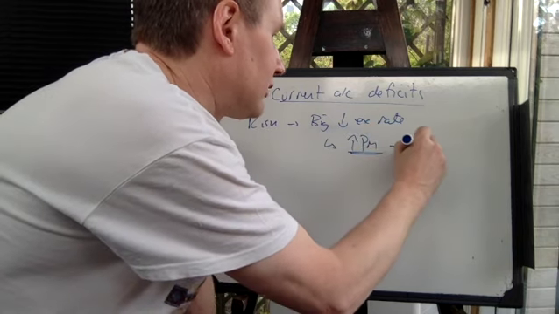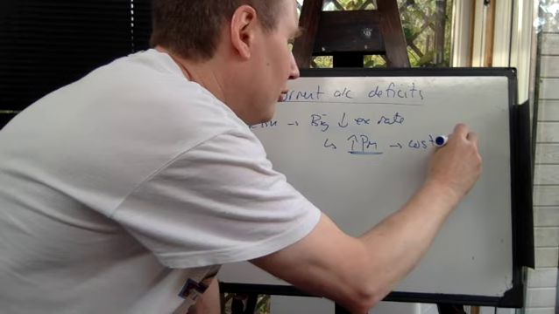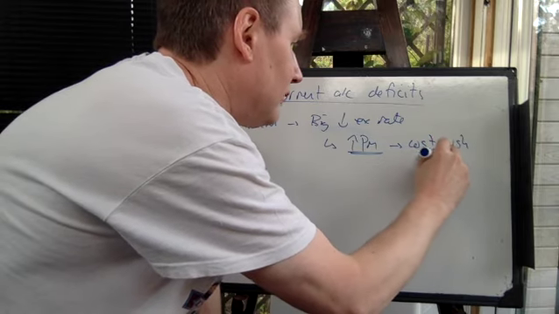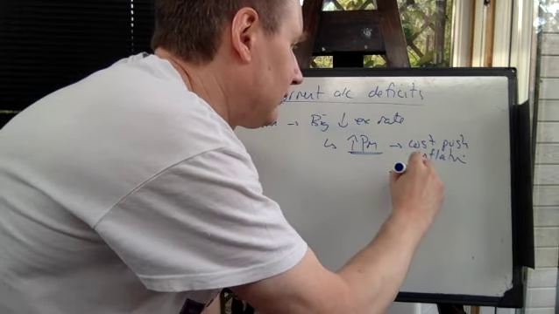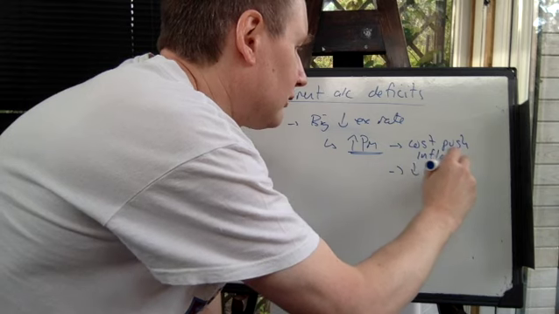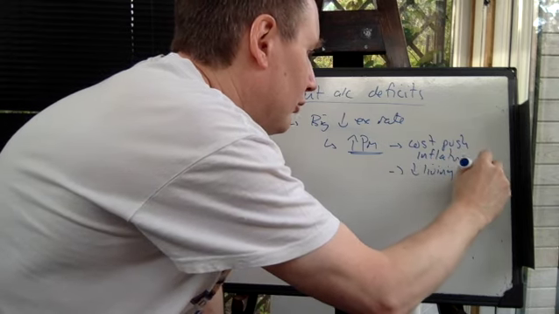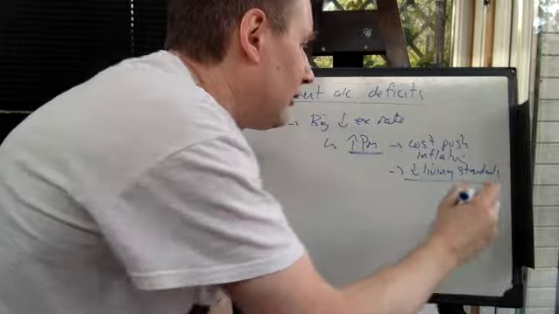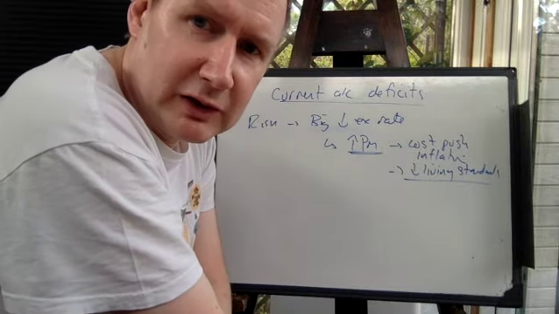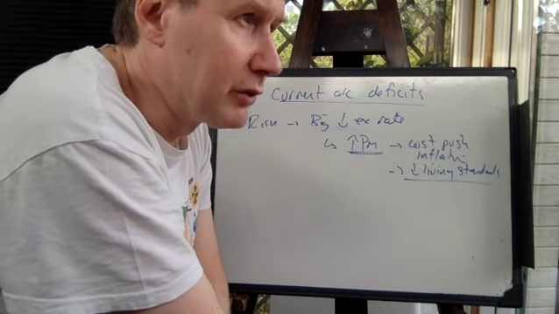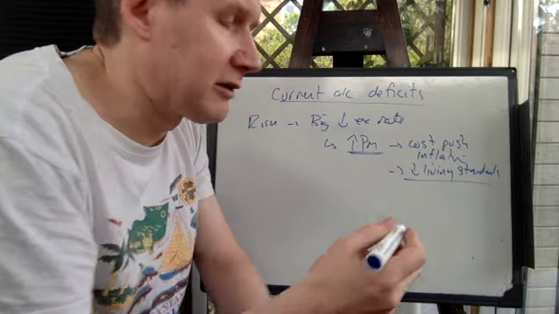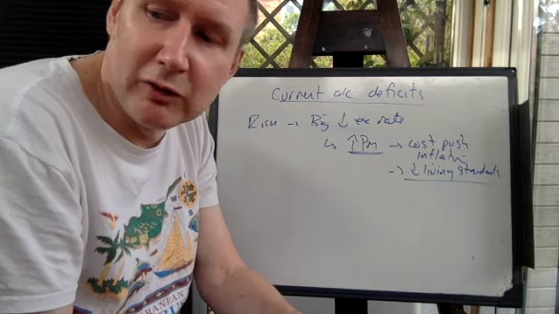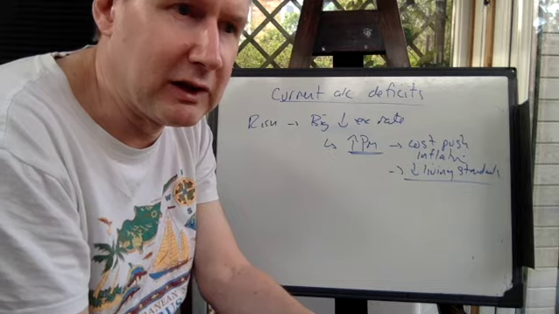That can lead to cost-push inflation, but more obviously it reduces living standards. It increases costs for firms that import raw materials. Everything in the shops is going to go up, and if you're dependent on imports, that's a big worry, because the price of everything you're buying from abroad is going to go up.